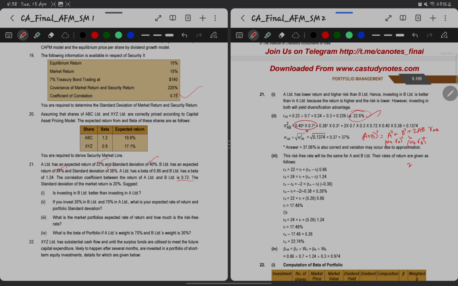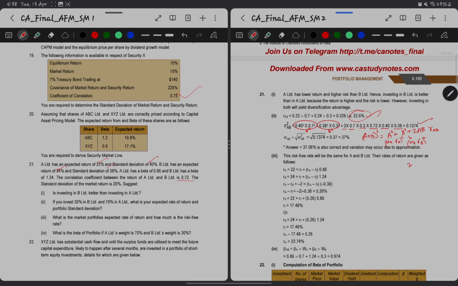This is A square and this portion is B square, and 2 into weight of A multiplied by standard deviation of A, nothing but 0.4, weight of B multiplied by standard deviation of B, 0.38, multiplied by the correlation coefficient of 0.72. So this is the same as that formula, but please don't write this (A plus B) whole square there, it's just for the remembrance.